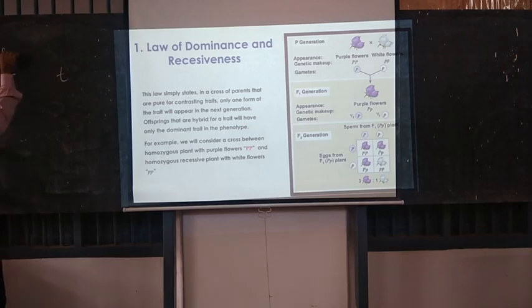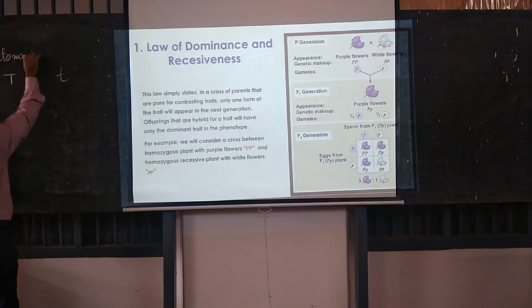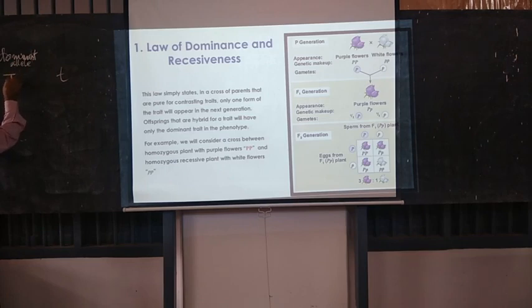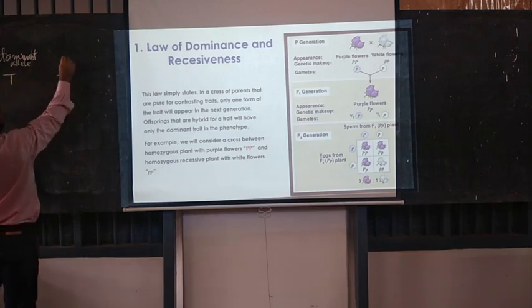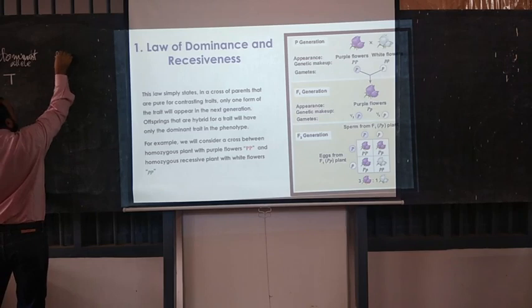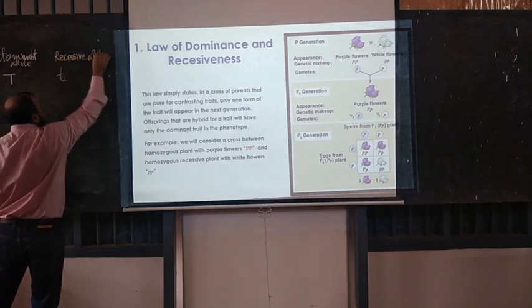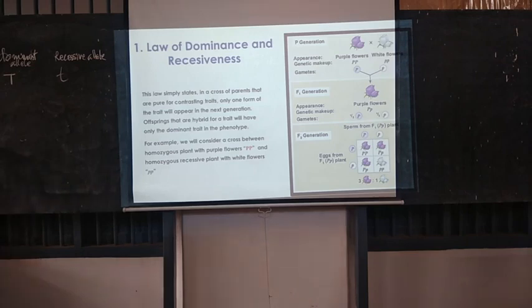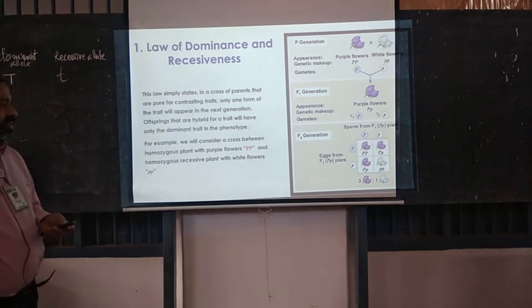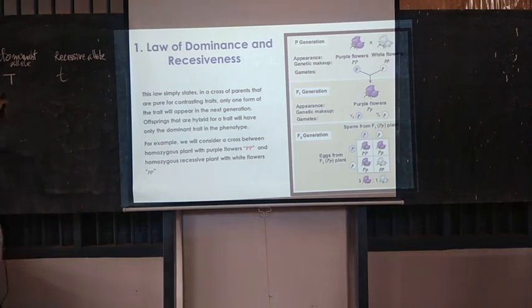So we can represent the dominant allele for height of the plant, tallness, as capital T, and the recessive allele as small t.